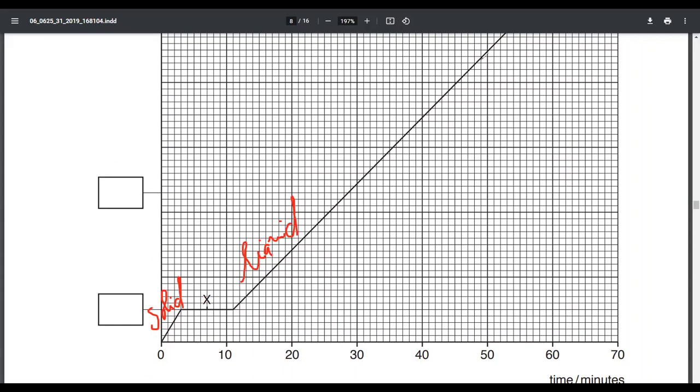And during the melting process, what will happen? Let's go down and see.